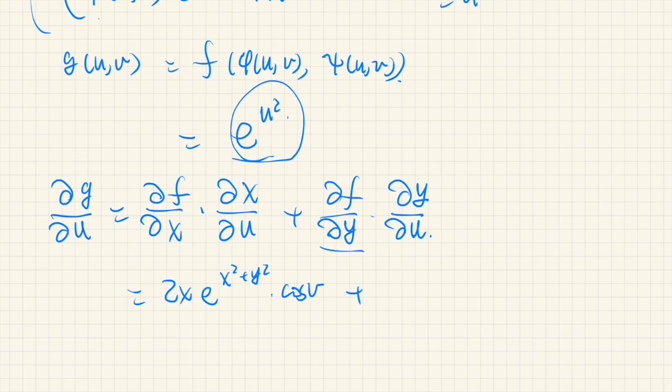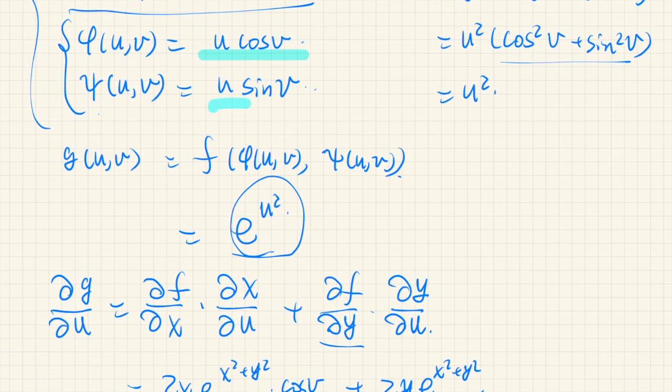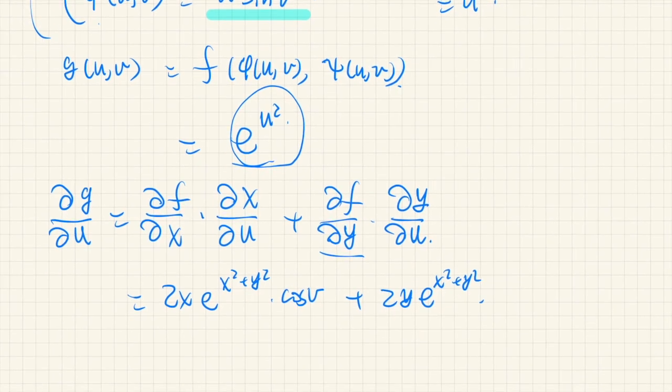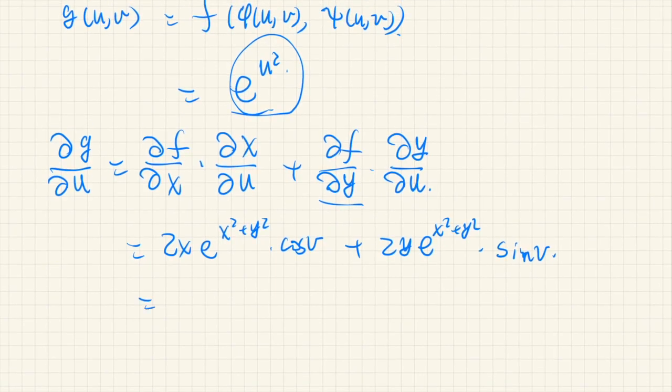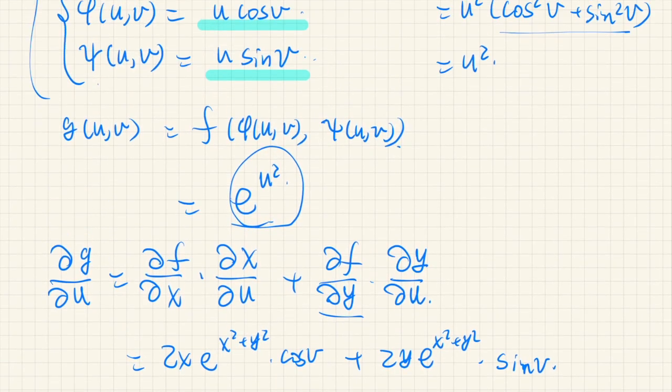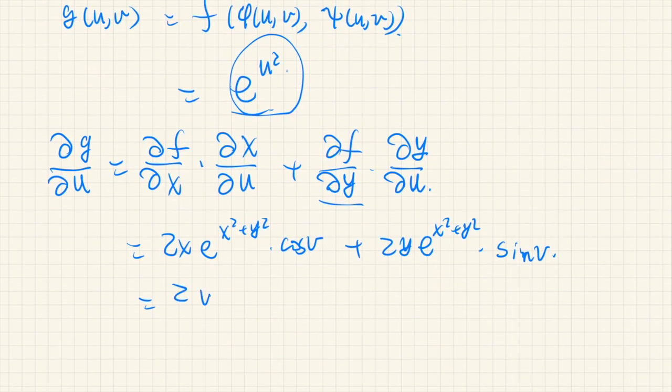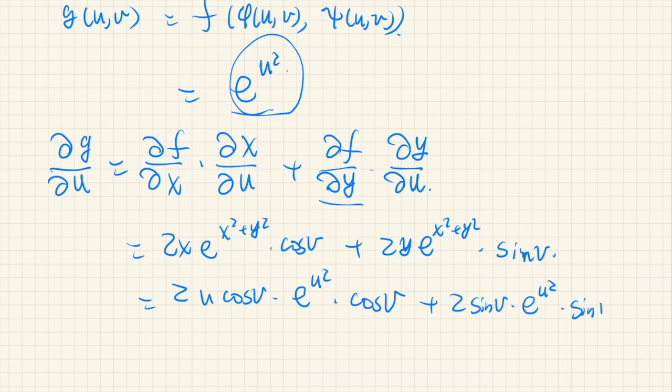Okay, and this one you have 2y e to the x squared plus y squared, and you differentiate this one with respect to u, you have sine v. Okay, and x is this, so that's 2u cosine v exponential of u squared, and 2 sine v exponential of u squared sine v.